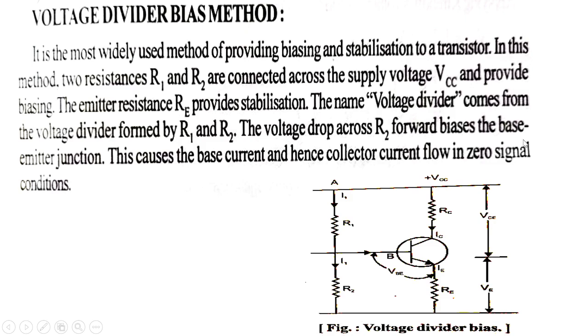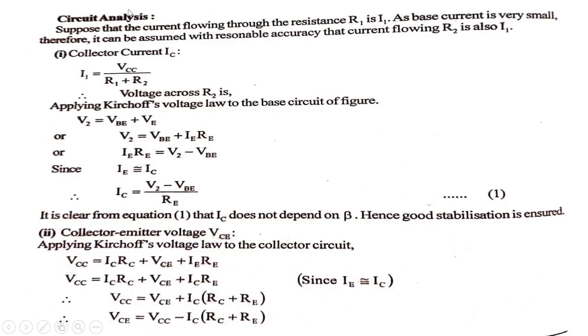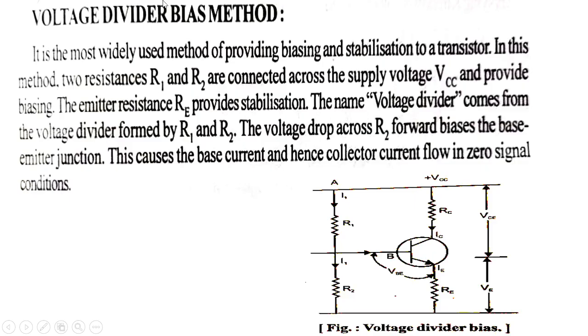In this biasing circuit, two resistors R1 and R2 are connected across the supply voltage VCC. See in the figure, these resistors R1 and R2 are connected across the supply voltage VCC.